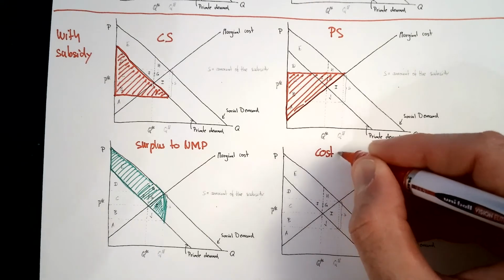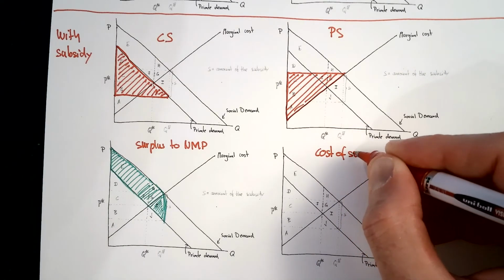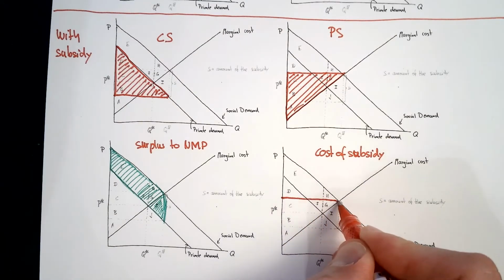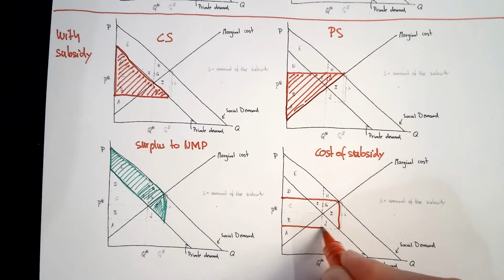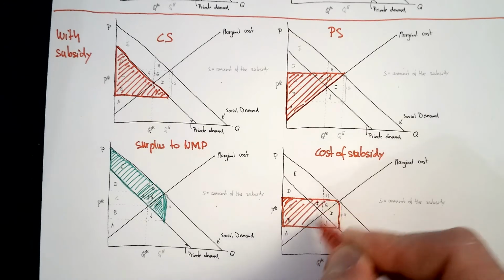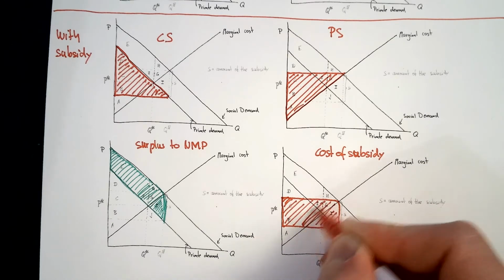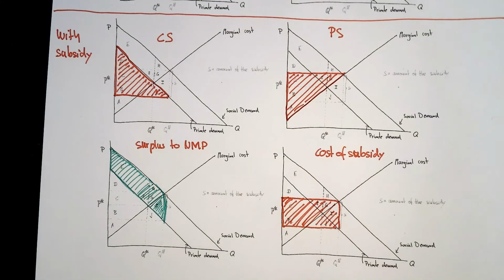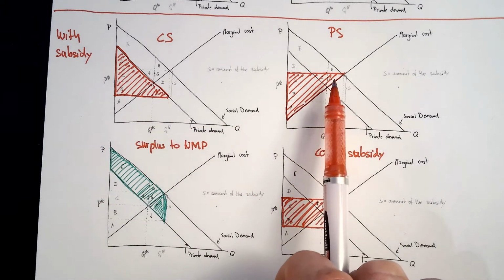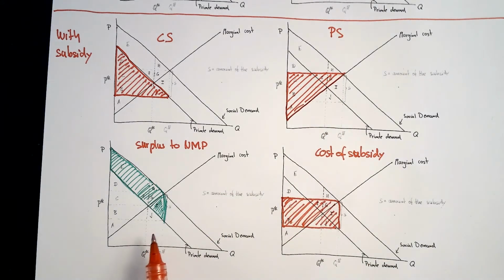The cost of the subsidy is simply this rectangle here, which is the quantity times the amount of the subsidy. So with the subsidy, the total social welfare is the consumer surplus plus the producer surplus plus the surplus to non-market participants minus the cost of the subsidy.